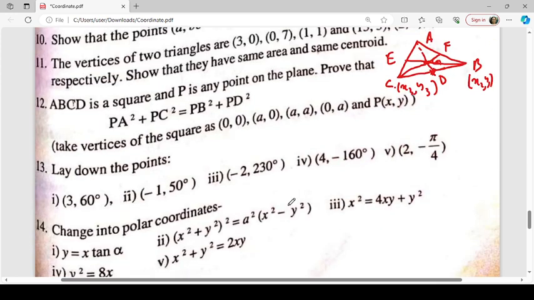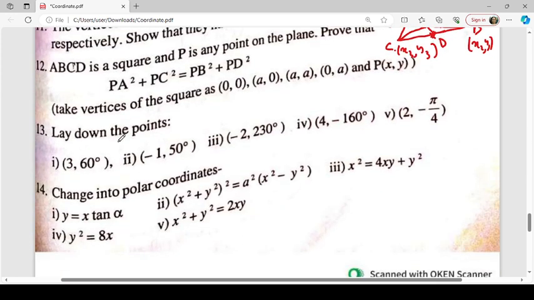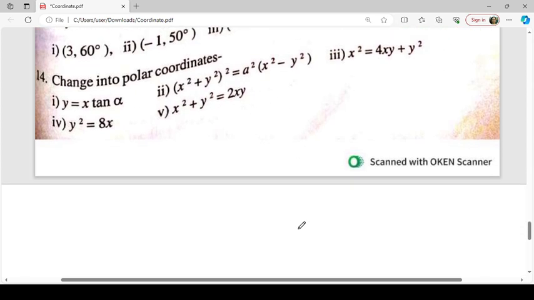These are polar coordinates. Lay down the points -2, -1. Change it to polar coordinates.